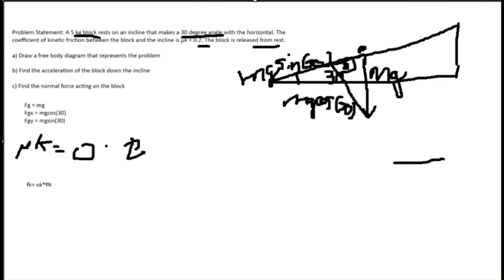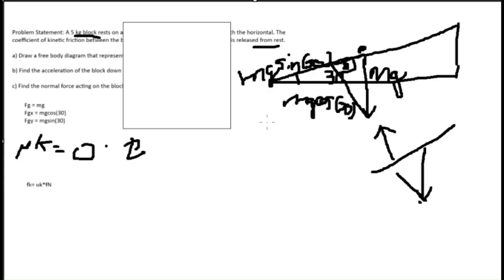However, this works differently since now we're on an inclined plane. If I set it down on the inclined plane like this, the normal force would be perpendicular to the incline, which would be this portion.